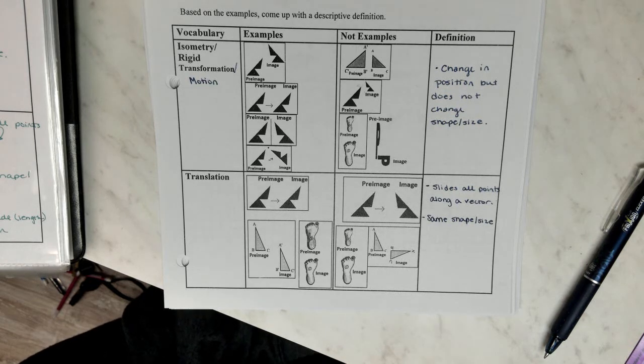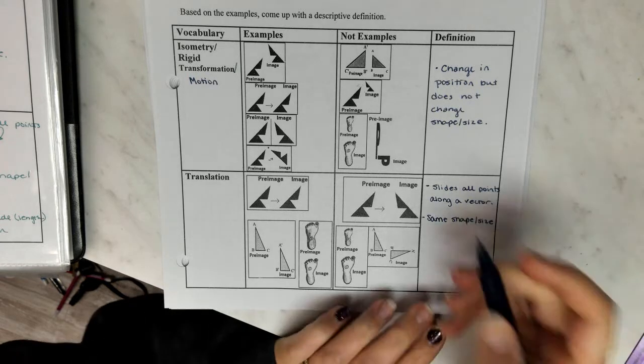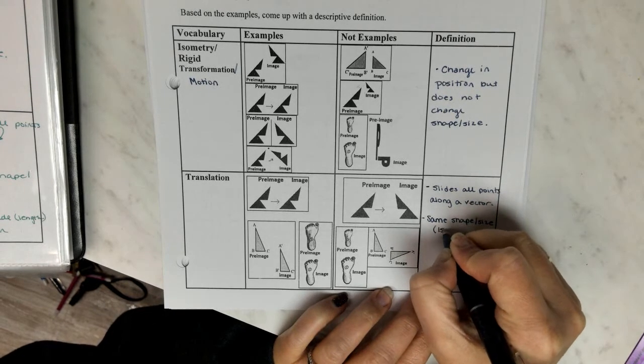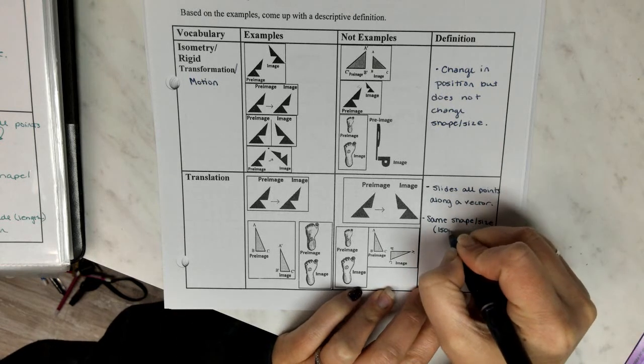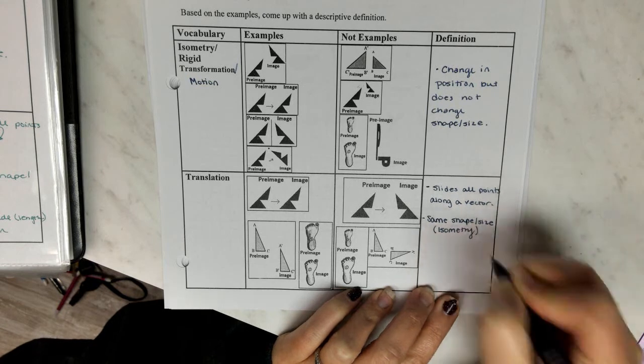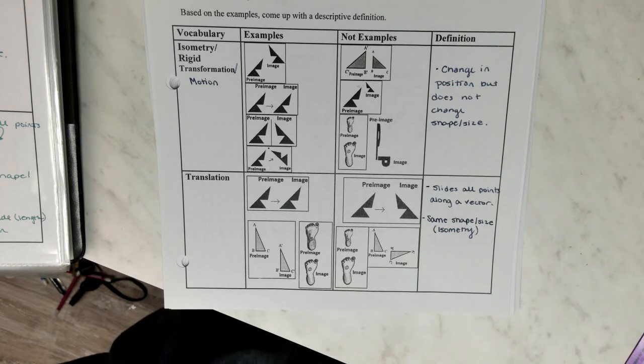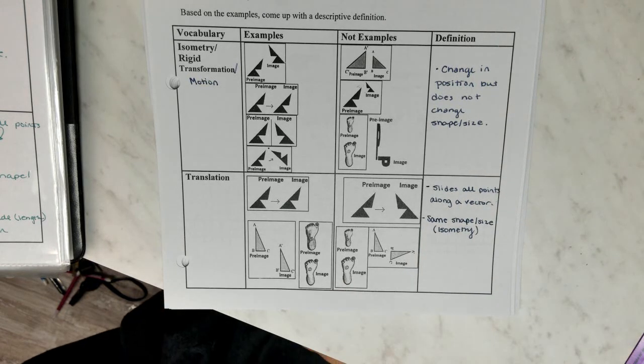So it slides all points along a vector. And all of these pre-image and image, they stay the same shape and size. So what we could call that would be an isometry, because that's how we defined an isometry. It does not change in shape and size, so an isometry. Or again, you could use rigid motion or rigid transformation for that as well.